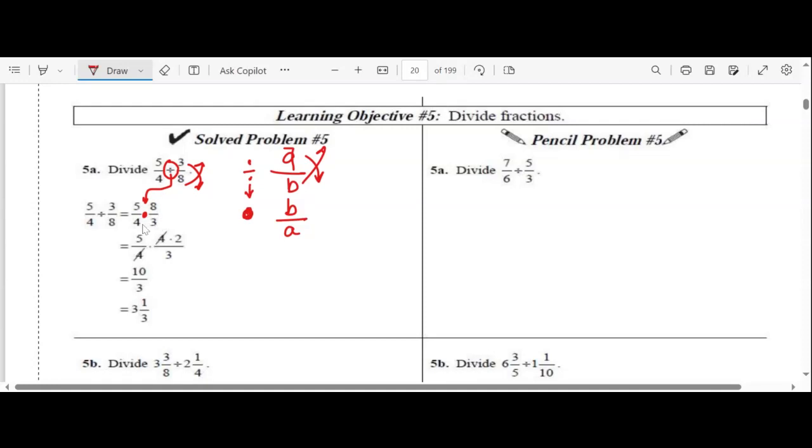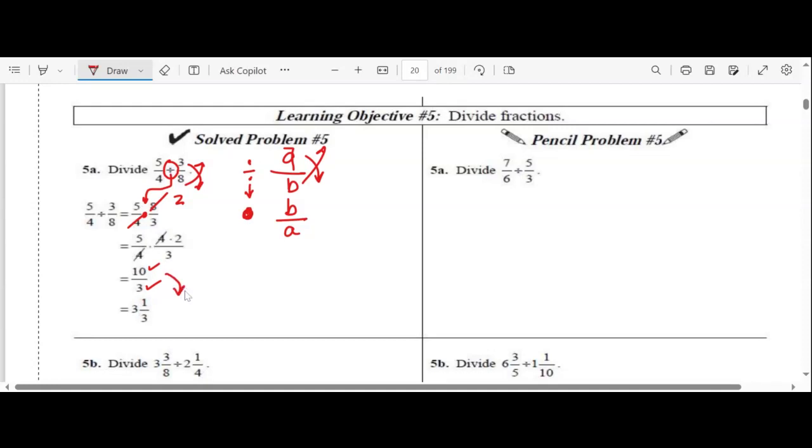Correct? Can I cancel anything here? Yeah, 4 and 8. And what are you going to get? 2, correct? You cancel 4 and 8, you get 2. Can I cancel 3 and 5? No. So 2 times 5 is how much? 10. 3 times 1? Three.